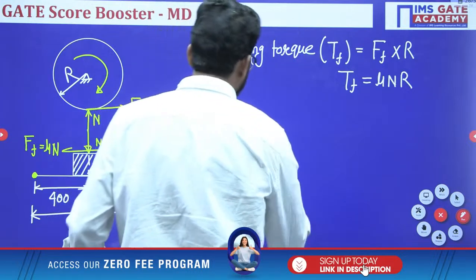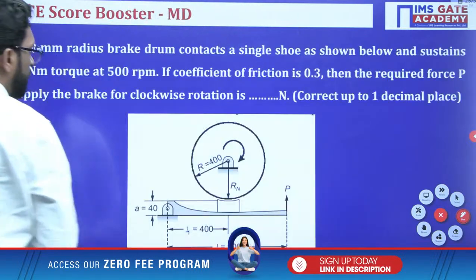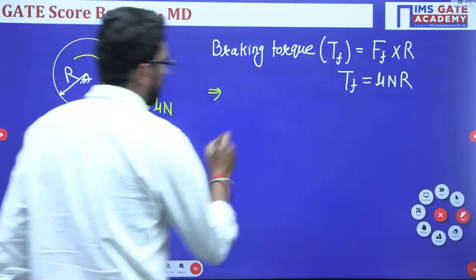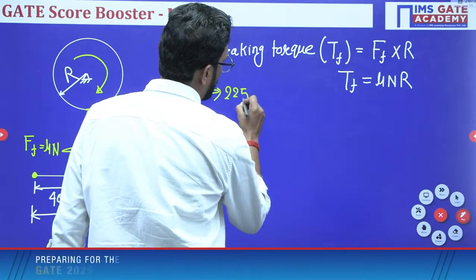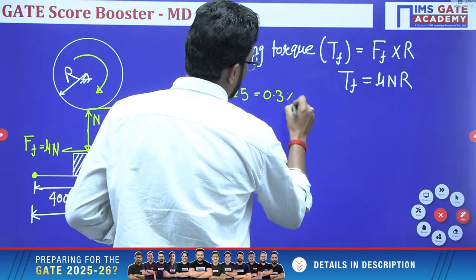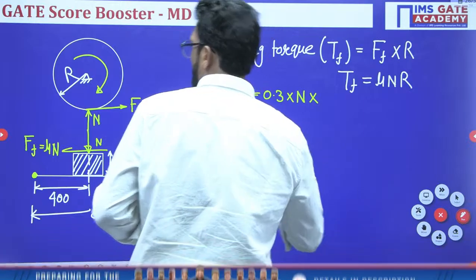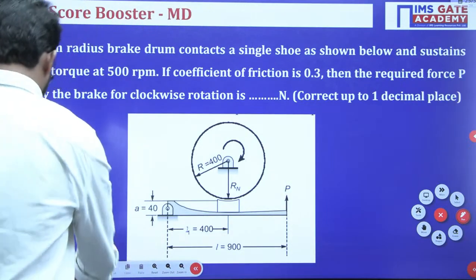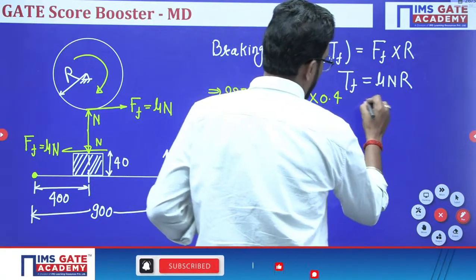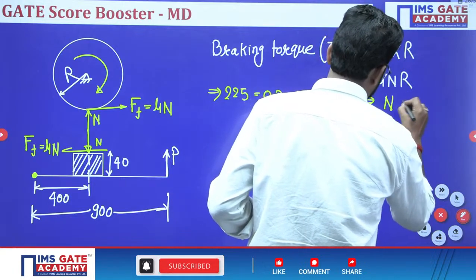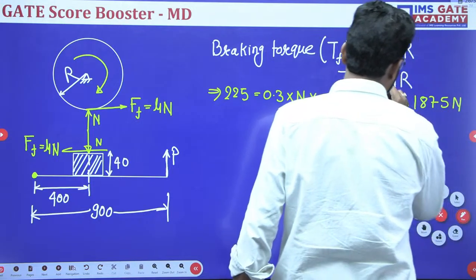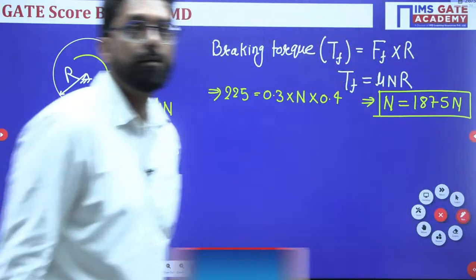In this question, the braking torque is given as 225 Newton meter. Mu is given as 0.3. N we don't have. R is given as 400, so this is 0.4. From here we can easily find the normal reaction. So the normal reaction is 1875 Newton.